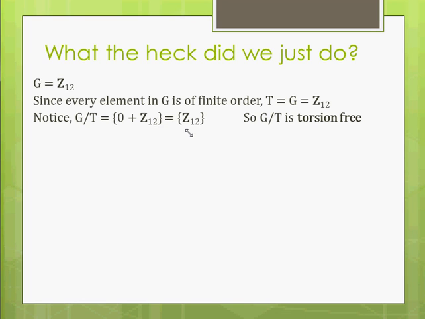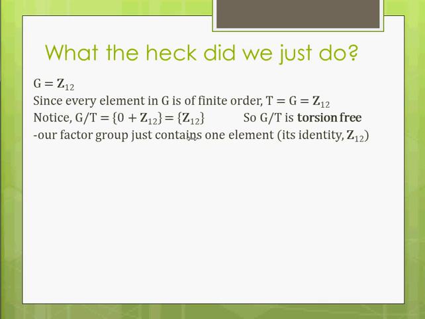To be torsion free, the identity has to be the only element that's of finite order. And since we only have one element, for sure it's the only element of finite order. So our factor group contains just one element, its identity. It's just another little tidbit.